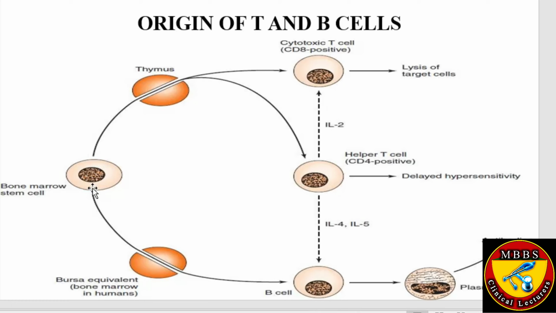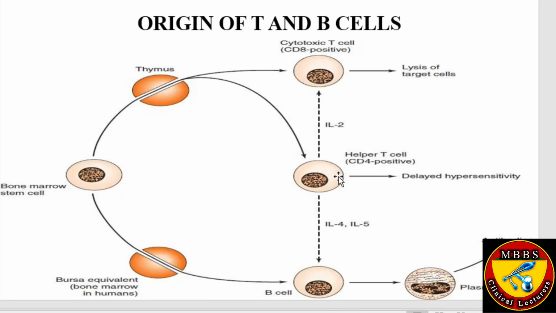These stem cells will differentiate into T cells in the thymus, either CD4 positive helper T cells or CD8 positive cytotoxic T cells. So the T cells differentiate in the thymus, into the CD8 and the CD4 positive helper T cells.